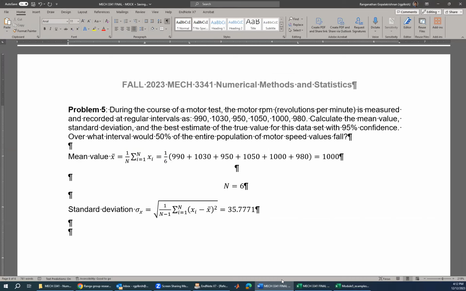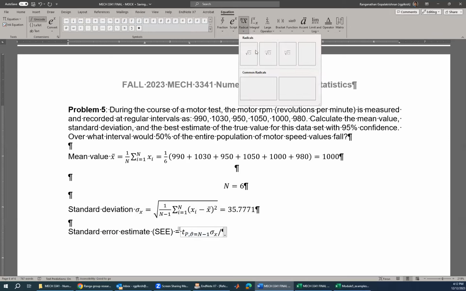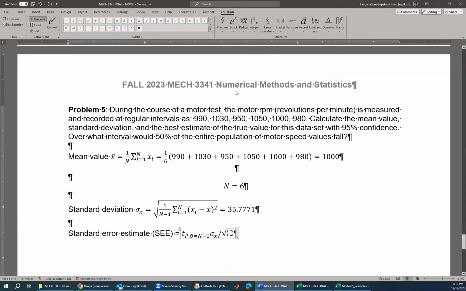And then best estimate of the true mean. So first you need to figure out what is the standard error estimate, call it SEE, that is equal to the t statistic at a given level of confidence and degrees of freedom, which is defined as n minus 1, multiplied by sigma x divided by square root of n.